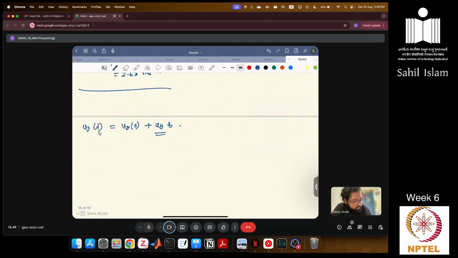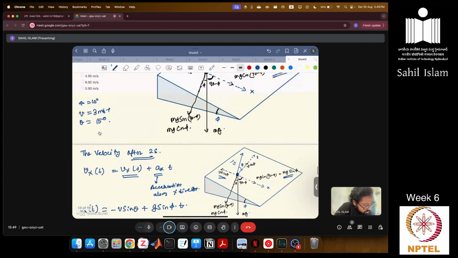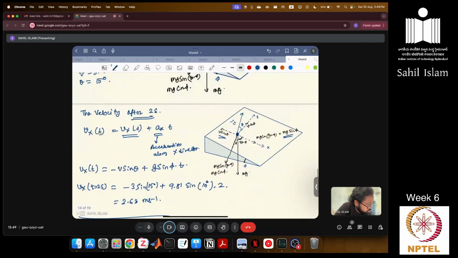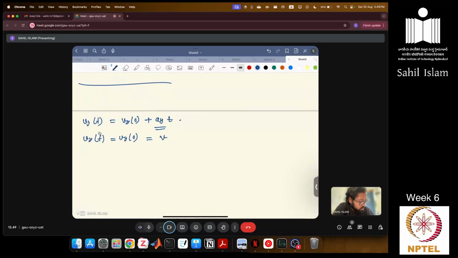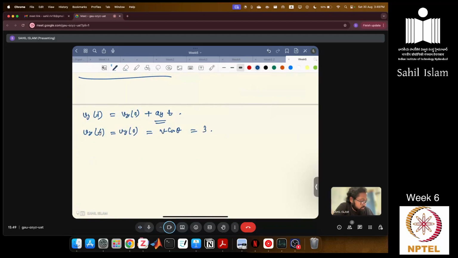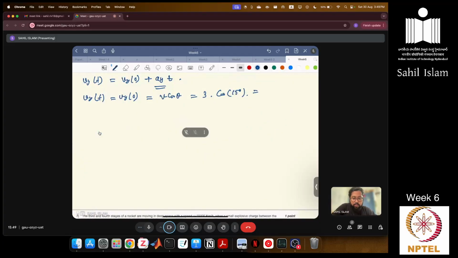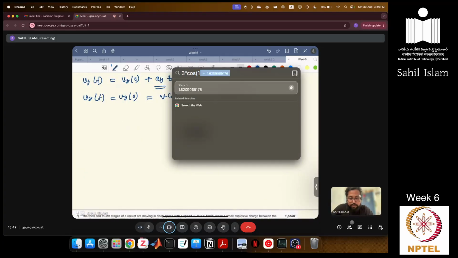So Ay is 0, so Vy at t equals Vy at 0, which is V cos theta. So 3 times cos 15 degree gives you 2.89 meter per second.